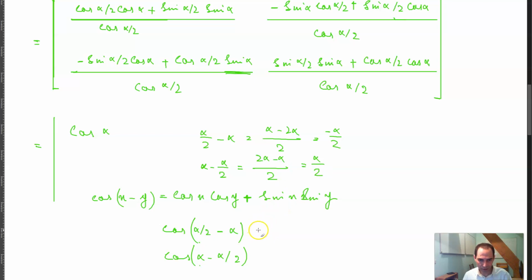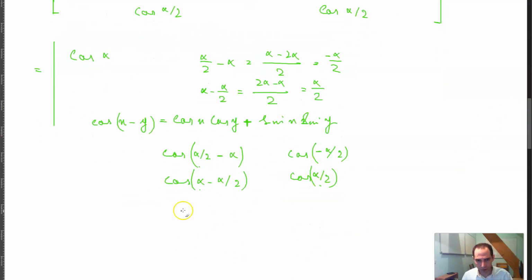That means that this is equal to the cos of negative alpha by 2, and also to the cos of alpha by 2. And of course, you know that by the identities that we know from trigonometry, cos of negative x is equal to cos x, which means that there is no contradiction here.